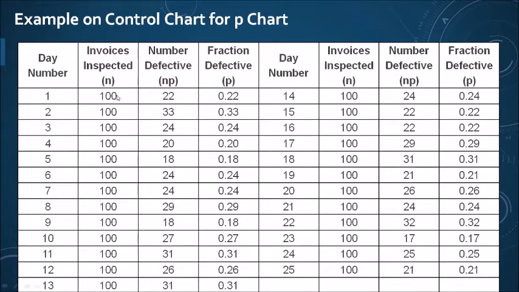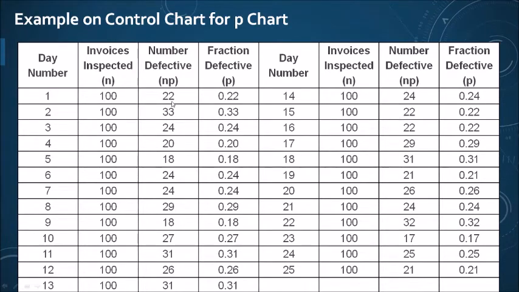So out of 100, on the first day 22 invoices are defective. Similarly, on day 2, out of 100 invoices inspected, there are 33 defective invoices. A defective may have more than one defect also, right? And so on. The number of defective invoices are recorded for the period of 25 days.